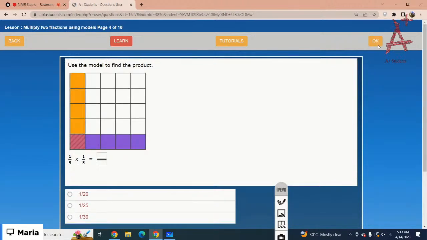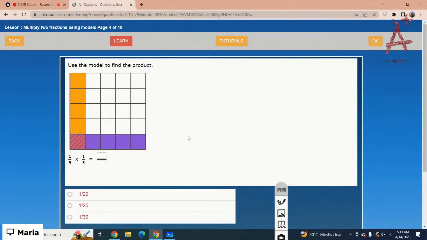Okay, use the model to find the product. So which is the correct option? Yes, that would be 1 over 25.